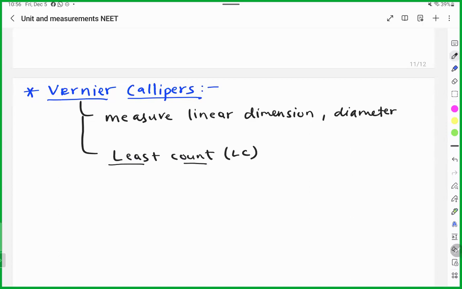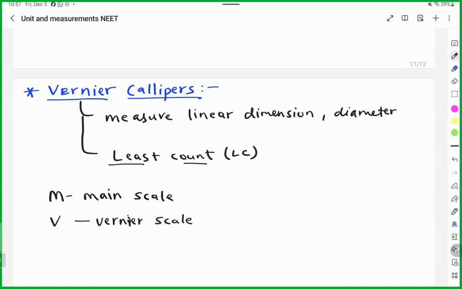What is the minimum? You know there are two scales. One is the main scale, and second is the Vernier scale. Right? You have to see where these two scales coincide with each other. There is main scale M and there is Vernier scale V. This is Vernier scale.